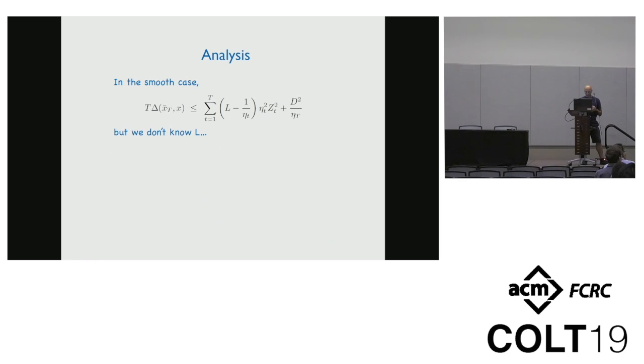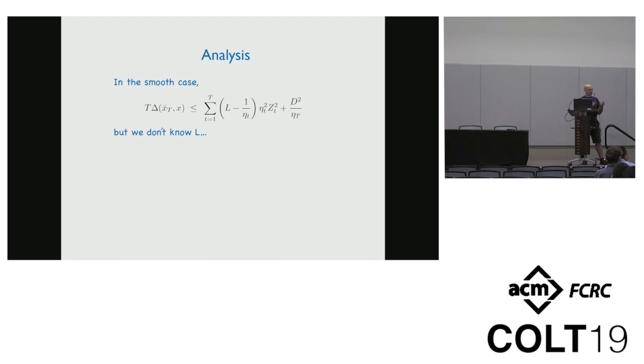So I'll quickly describe one idea in the analysis. The standard analysis enables you to show that t times the duality gap can be lower bounded by this term. And now if you look at this term, it's very tempting to take the learning rate to be 1 over the smoothness, 1 over L, and then you get rid of the first term.